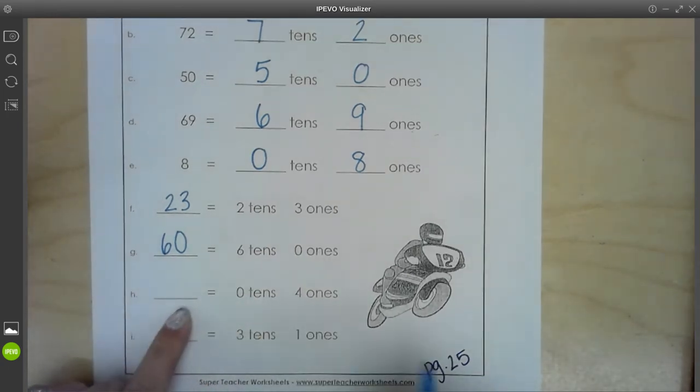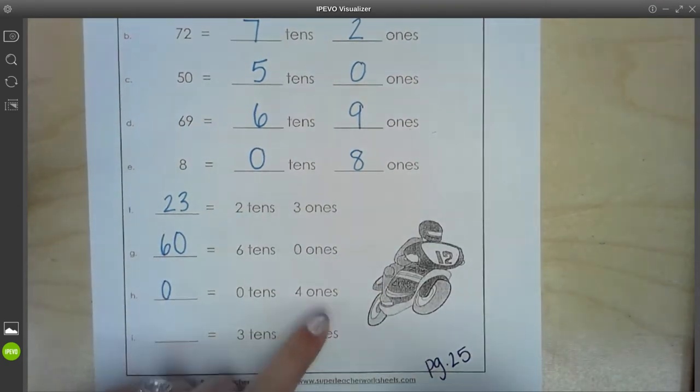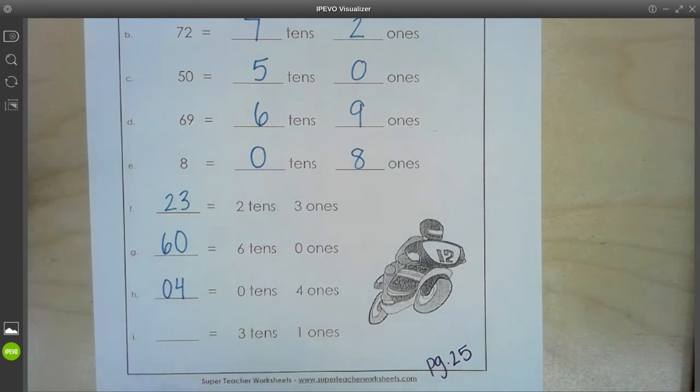Next one has 0 in the 10 spot and 4 in the 1 spot, which just gives us the number 4.